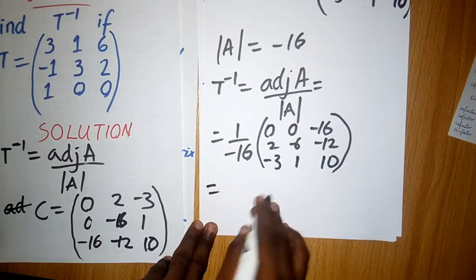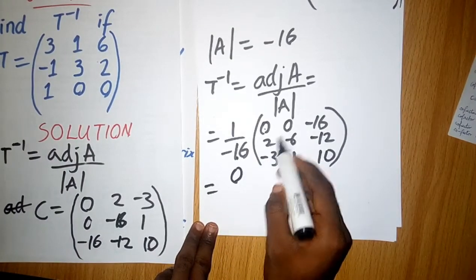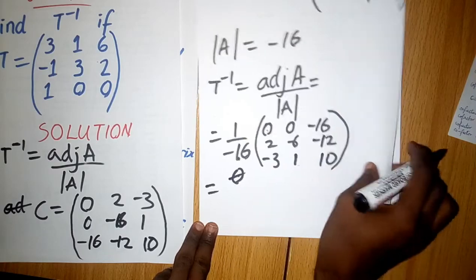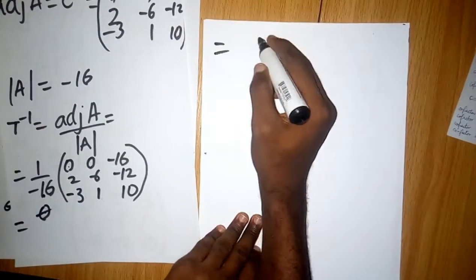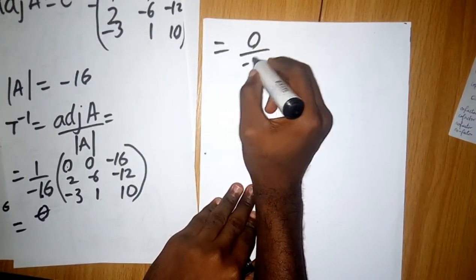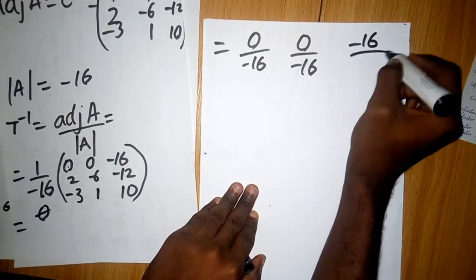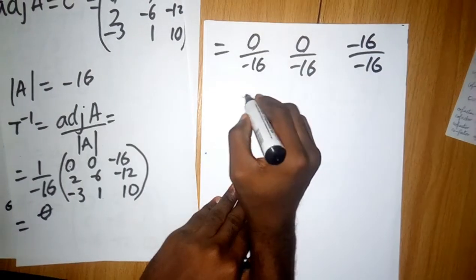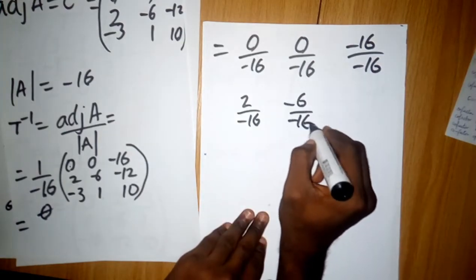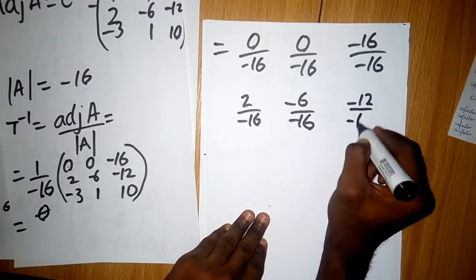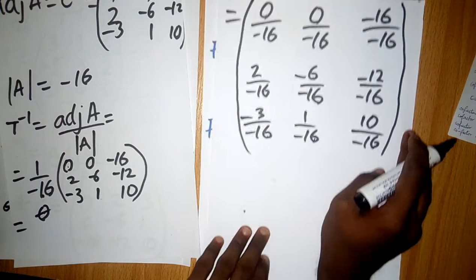From scalar multiplication, if we expand that, we get 0 divided by minus 16, 0 divided by minus 16, minus 16 divided by minus 16, 2 over minus 16, minus 6 over minus 16, minus 12 over minus 16.